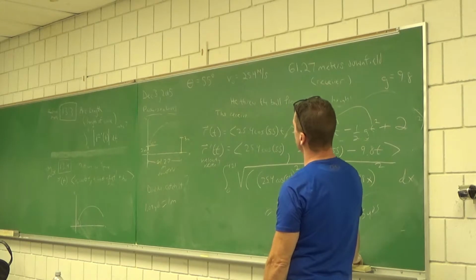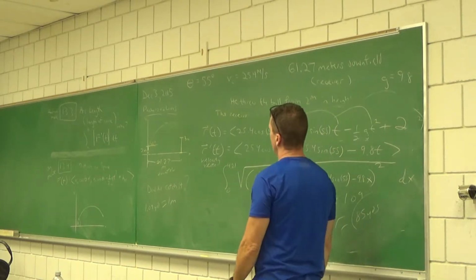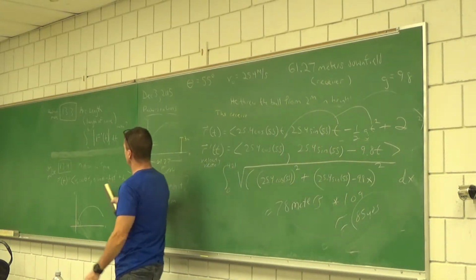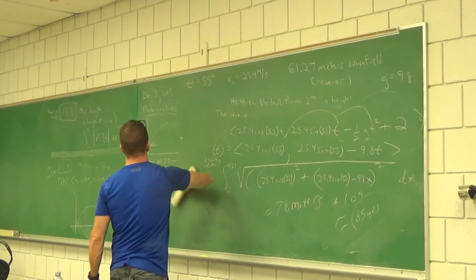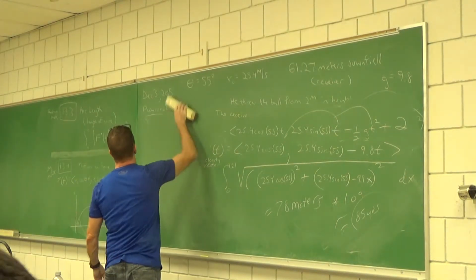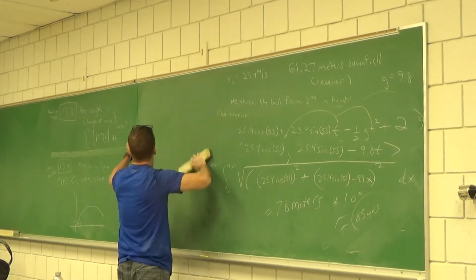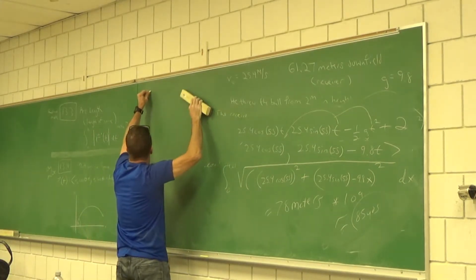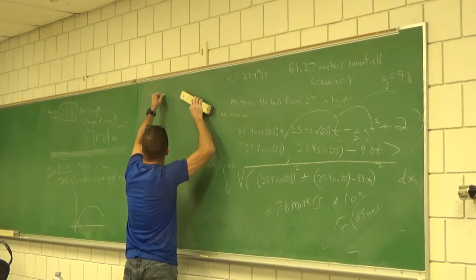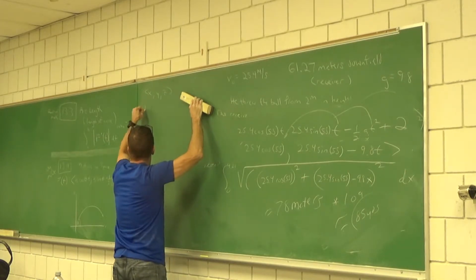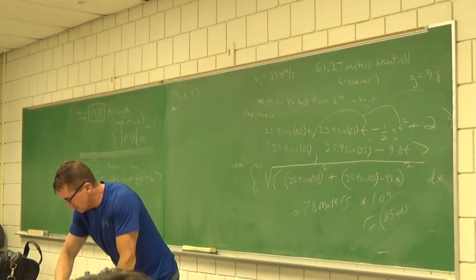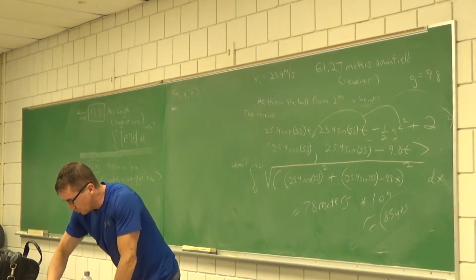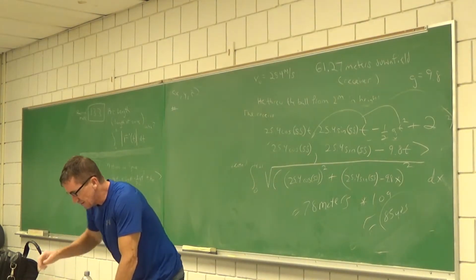I wanted to do the problem that was in the textbook, and it had X, Y, and Z components. So I'm going to do that now, then we'll come back and look at some more of these problems. This is from the textbook, in 13.4, number 31.